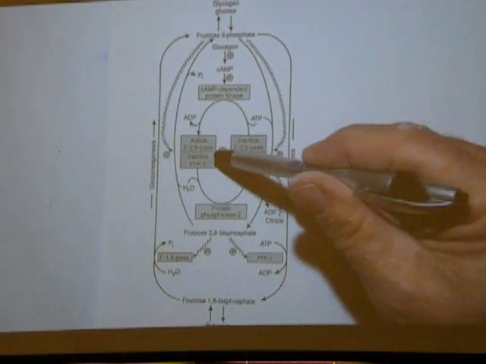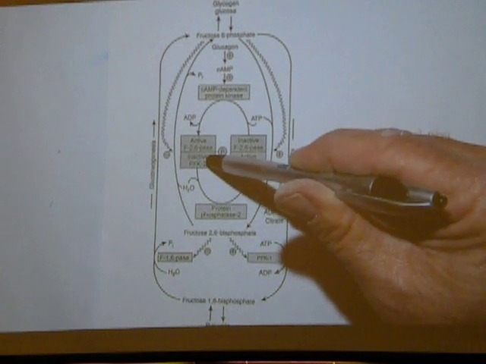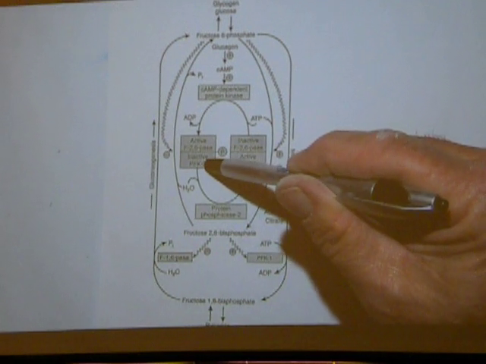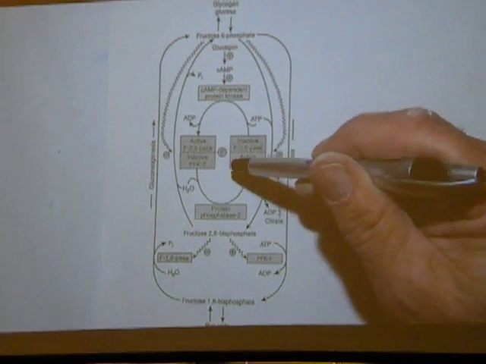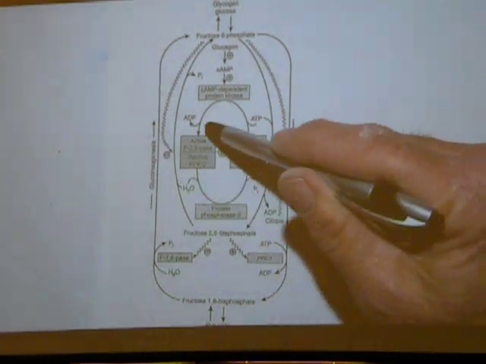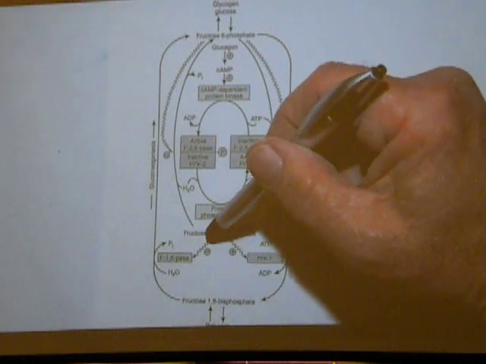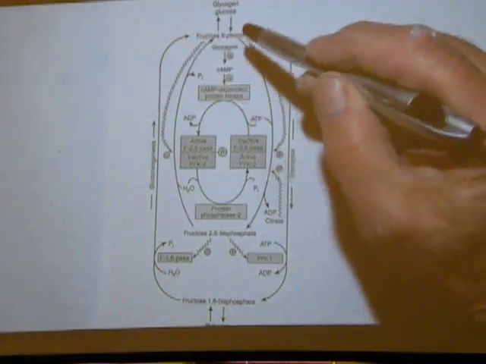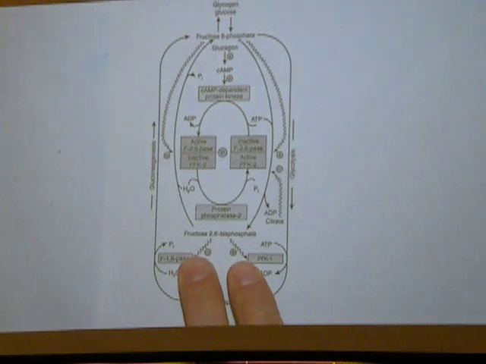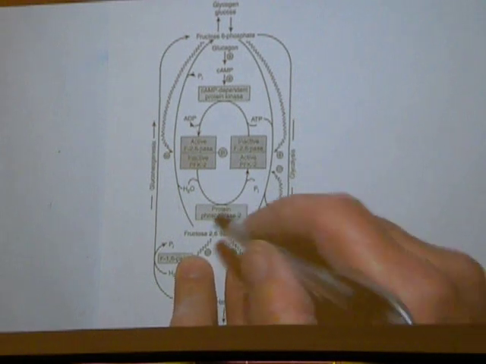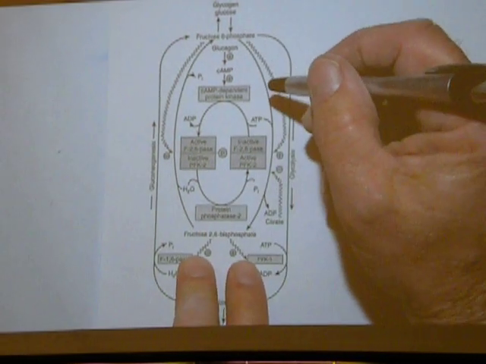In the phosphorylated form, the protein is inactive PFK2, and it is active fructose 2,6-bisphosphatase. In other words, if I have this little protein phosphorylated, it's going to convert fructose 2,6-bisphosphate to fructose 6-phosphate. There's not much fructose 2,6-bisphosphate around. It's a messenger. So it's not going to have much impact on flux.